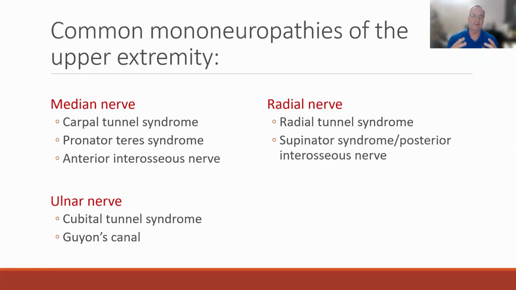We can think about some other things like pronator teres syndrome, anterior interosseous nerve entrapment, a syndrome that really involves muscles only. There's not a cutaneous sensory distribution for the anterior interosseous nerve. With the ulnar nerve, we think about cubital tunnel or entrapment or compression at Guyon's canal; radial nerve, radial tunnel, and of course there's supinator syndrome or posterior interosseous nerve syndrome.